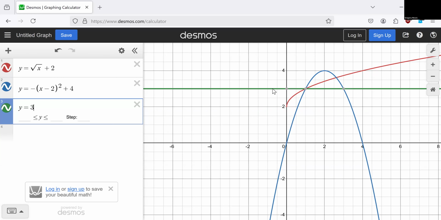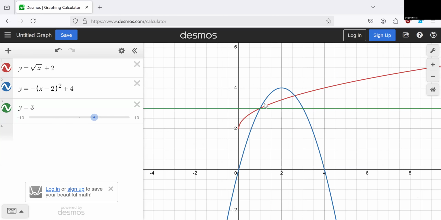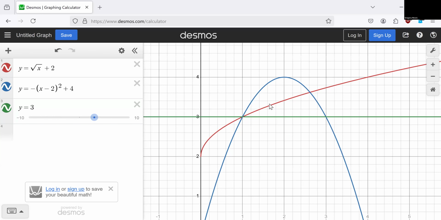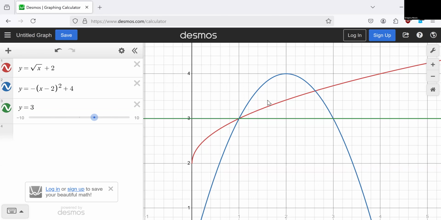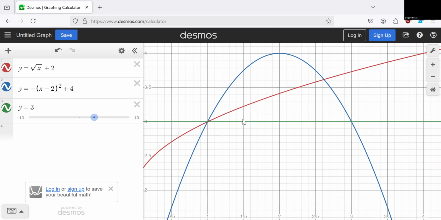And now we see, I'm zooming in, it's taking a while. I think I'm going to have to start looking at alternative technologies. But you see, we've got this region here.